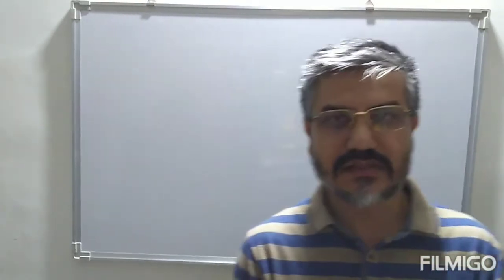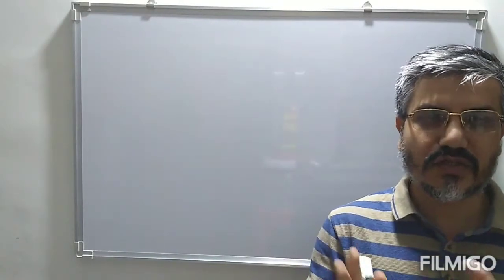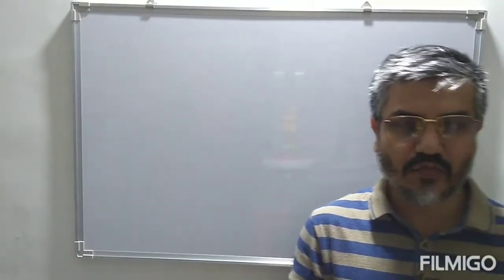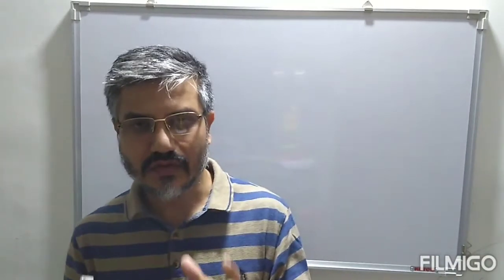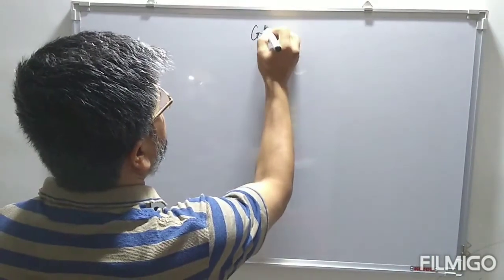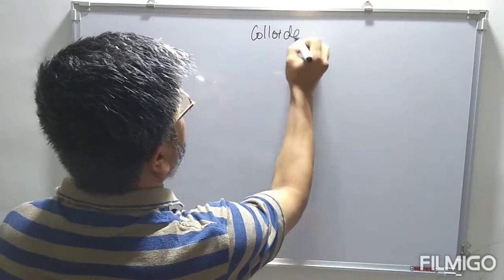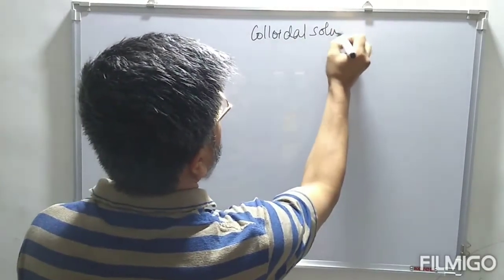If the diameter of the particles of a solution ranges from 1 nanometer to 100 nanometer, then those solutions are known as colloidal solutions. So we have this colloidal solution.